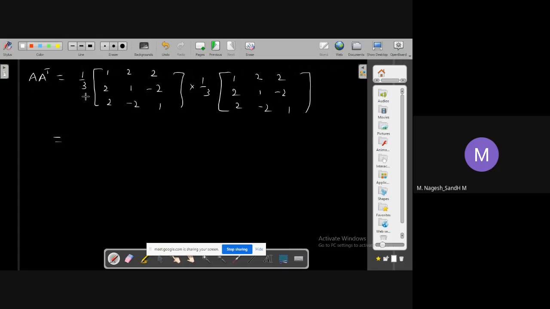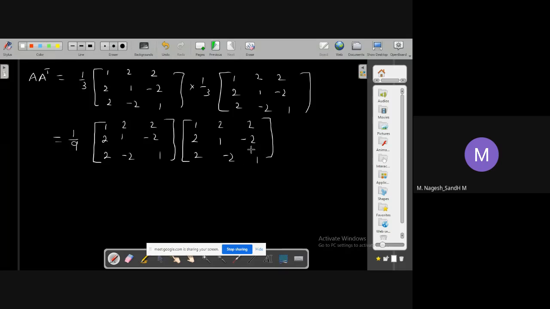Check it. So 1 by 3 into 1 by 3 is 1 by 9, into the matrix 1, 2, 2, 2, 1, minus 2, 2, minus 2, 1, into the matrix 1, 2, 2, 2, 1, minus 2, 2, minus 2, 1. So now we have to multiply these two matrices.